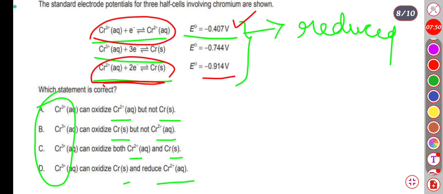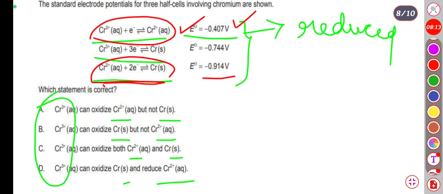So by comparing the electrode potential values, it is clearly seen that for the values minus 0.914 and minus 0.407, obviously the higher value is minus 0.407, which is able to reduce, and it can oxidize chromium 2 plus.